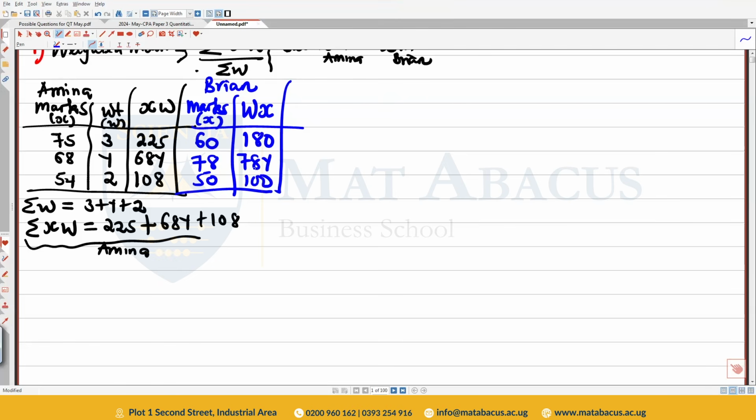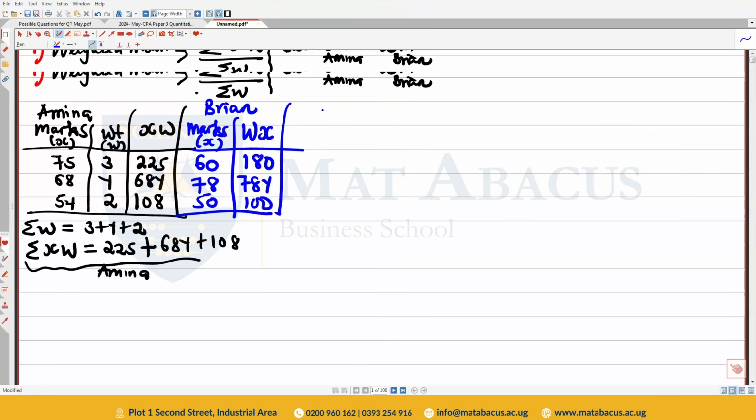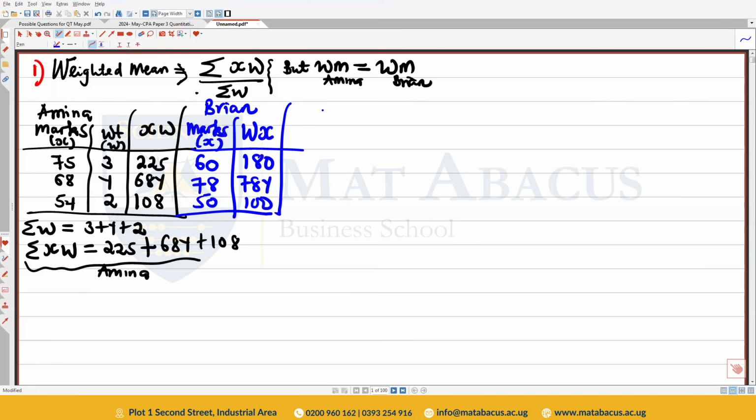Now, you have the same summation of weights, but different WXs in total. So what is the weighted mean for Amina? That is 225 plus 108, which is 333.